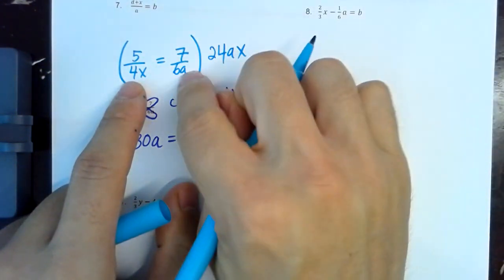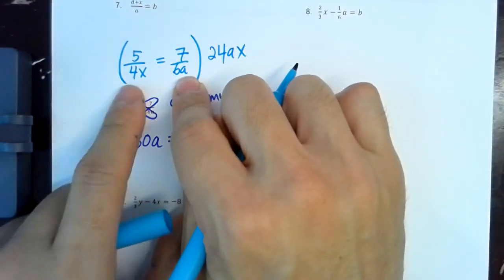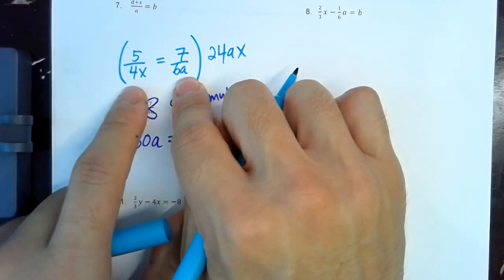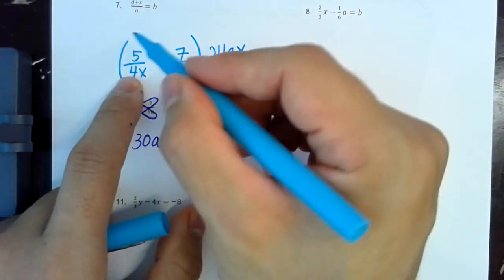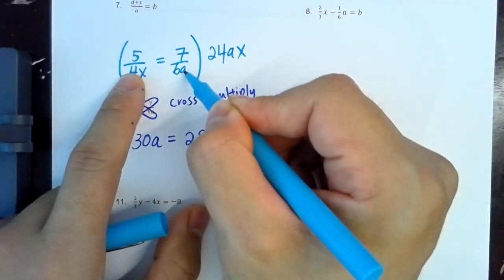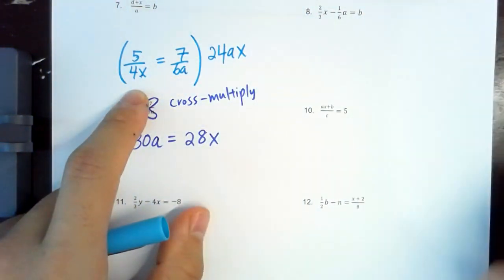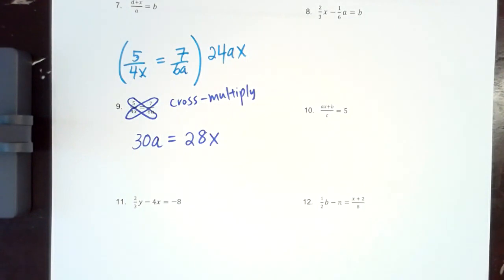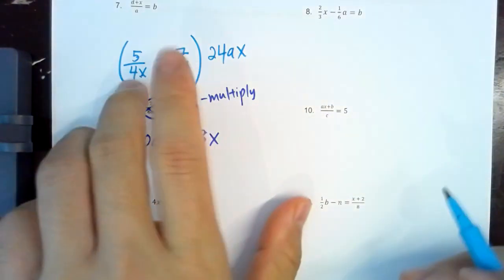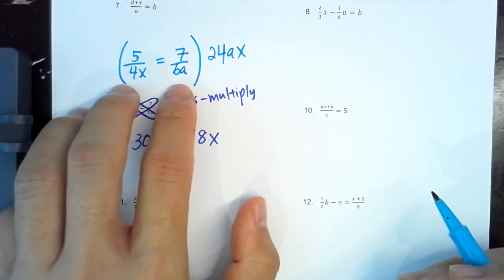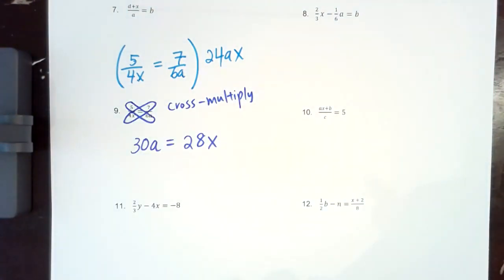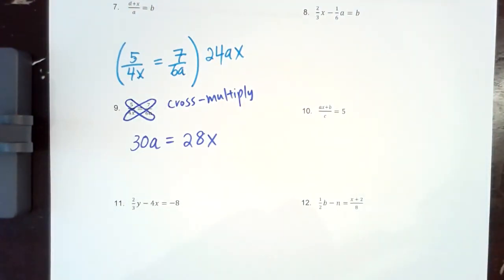And if I multiply the right side by 24ax and the left side by 24ax as well, what you end up getting is 5 times 6a and 4x times 7. And that's really what cross multiplying is. Cross multiplying is basically just multiplying the entire equation by the product of your denominators. I can explain that in class if you still need that to be more clear.